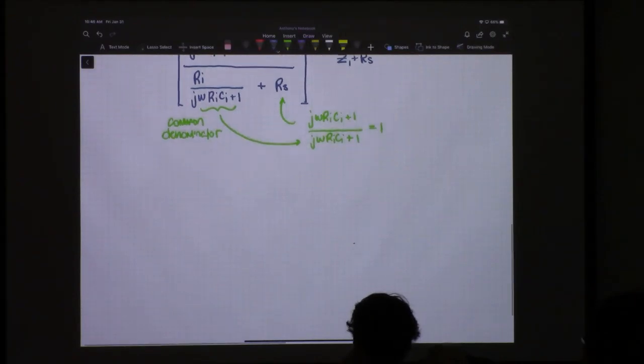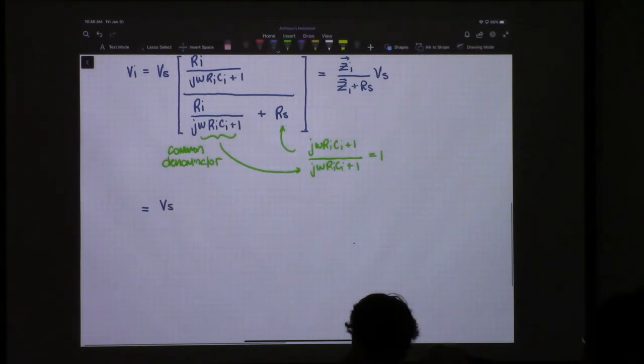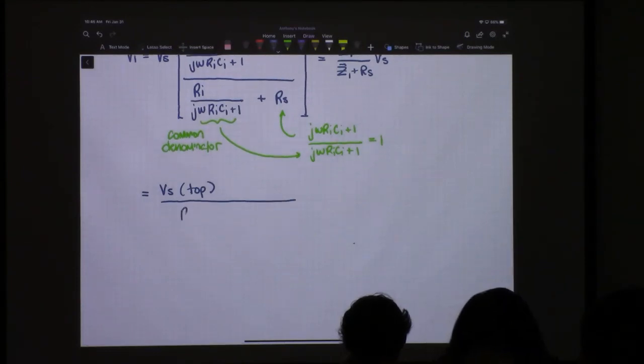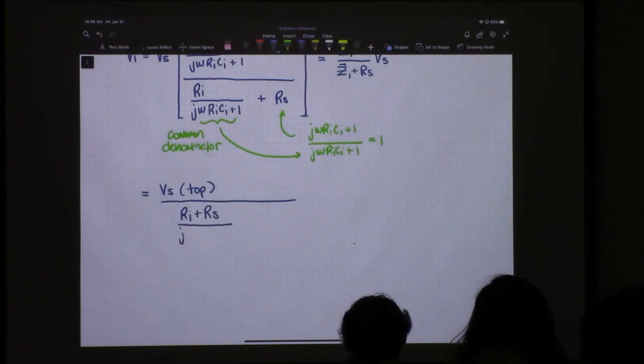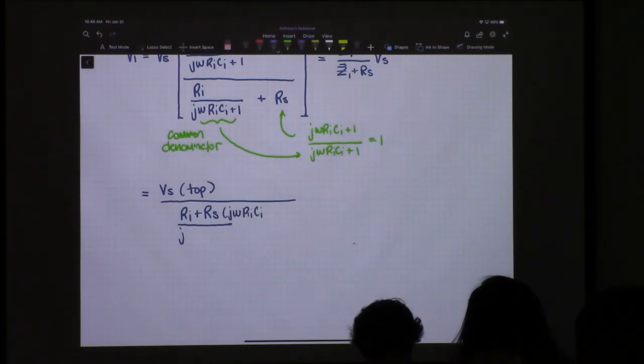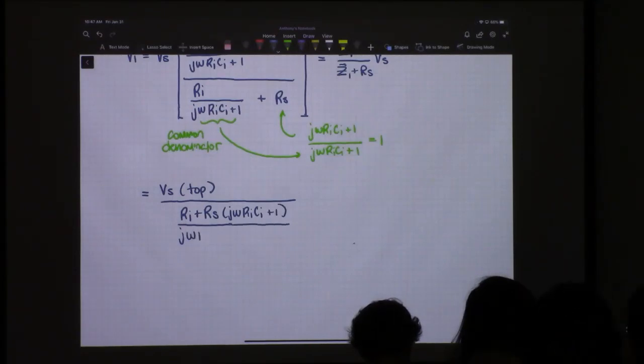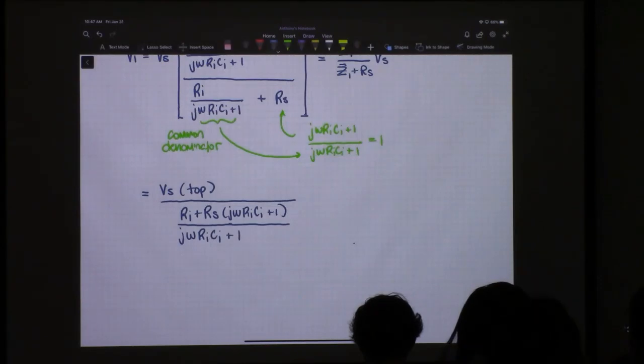So what we end up with, and I'm just going to say Vs, and then I'm just going to write top, whatever's up top, because some of that stuff we can just go back and get later. So that will leave us with Ri plus Rs all over j omega Ri Ci plus 1.